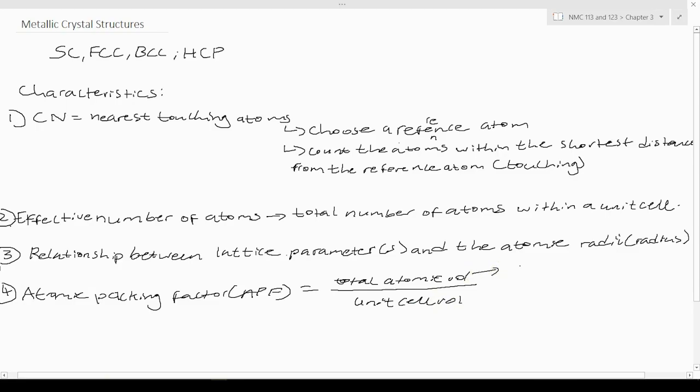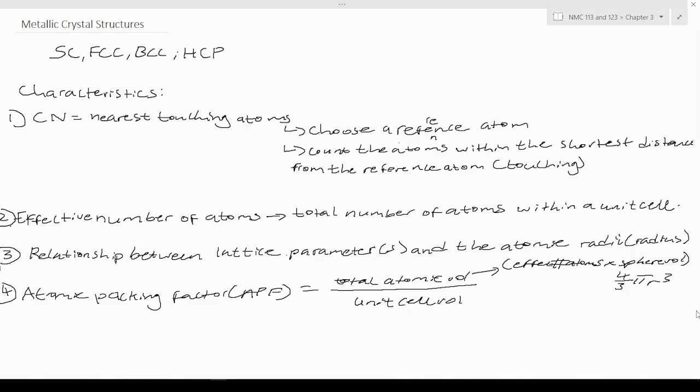The total atomic volume is the effective number of atoms multiplied by the volume of a sphere. As we know, the volume of a sphere is 4/3 pi r cubed.